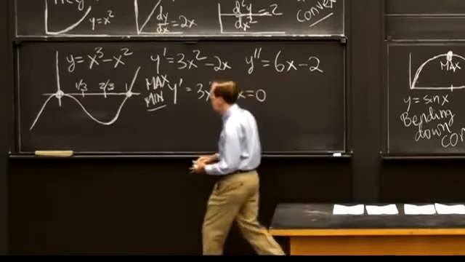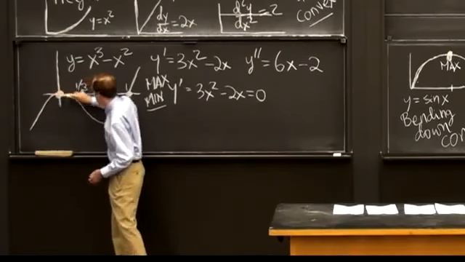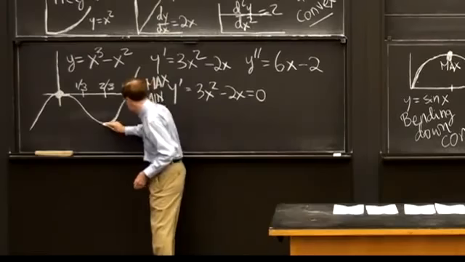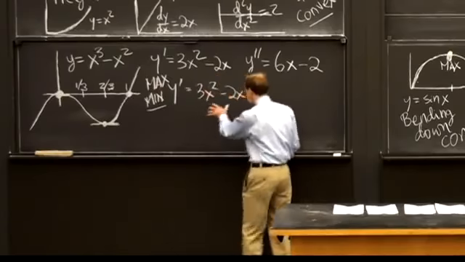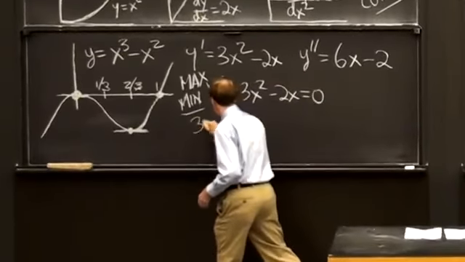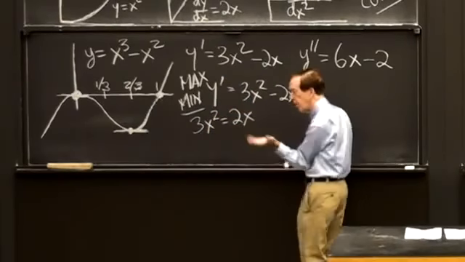Well, I see them on the curve here. That is a point where the slope is 0, and I see one down here. There is a point where the slope is 0, but I can find them with algebra. I solve 3x squared equal to 2x, and I see it's a quadratic equation.